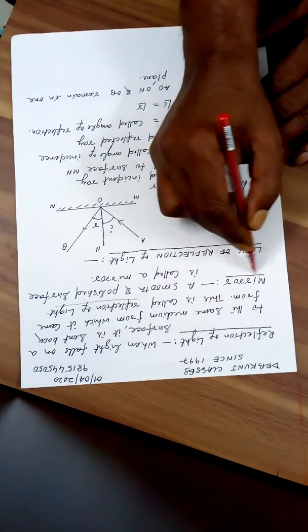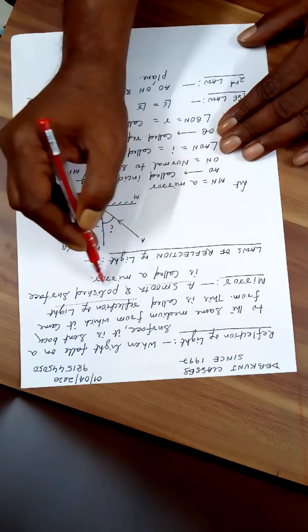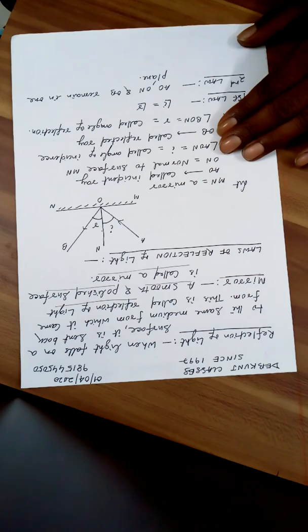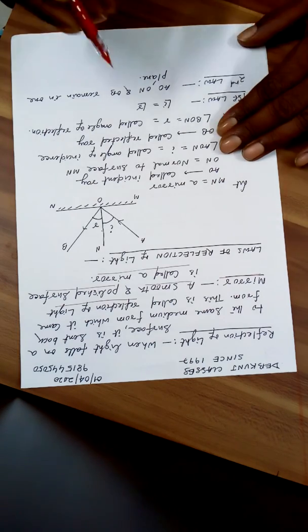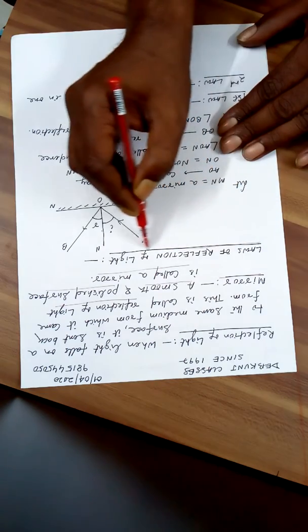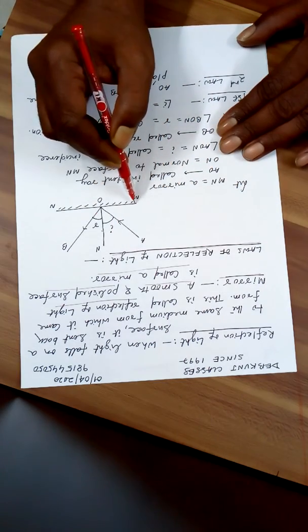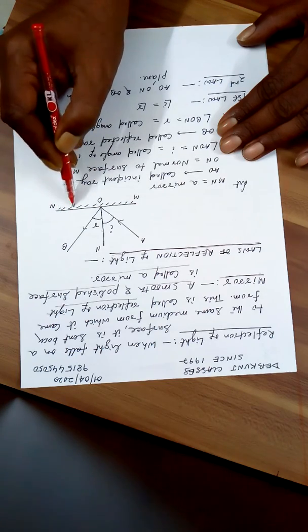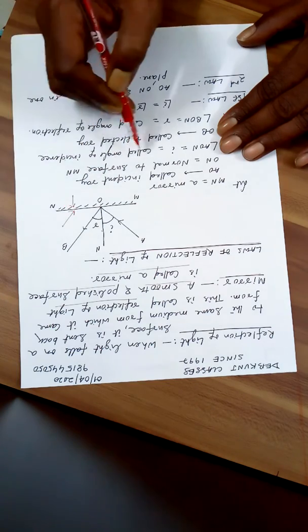Now, what is a mirror? A smooth and polished surface is called a mirror. Your looking glass is also a mirror, a very good mirror. Now, laws of reflection of light. Suppose from M to N, this is a plane mirror. This is the back side of the mirror. This is the front side of the mirror.